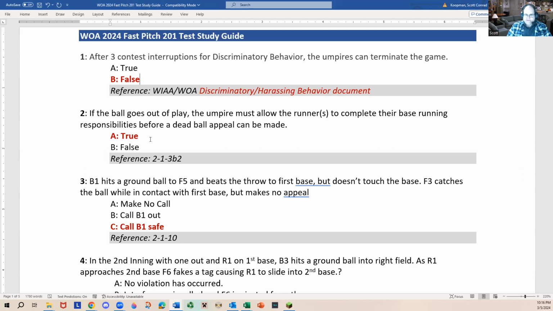However, should the defensive team be saying, the runner missed first, the runner missed first, the runner may stop, come back to first, touch it, and then go on to second, and it's completely allowable and the umpire can't do anything about it. They tip their hand too early. The runners must be allowed to complete their base running responsibilities. So that is true. You can find that at 213B2.